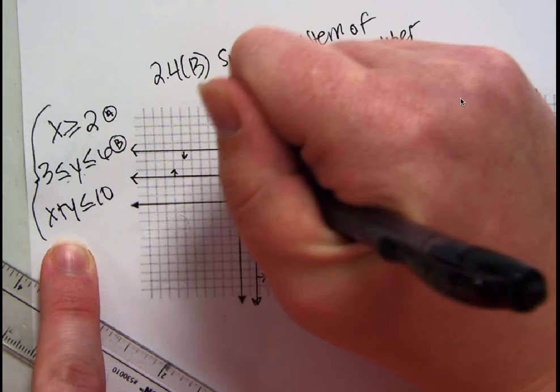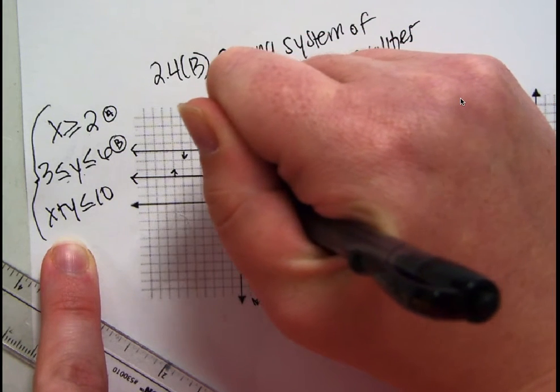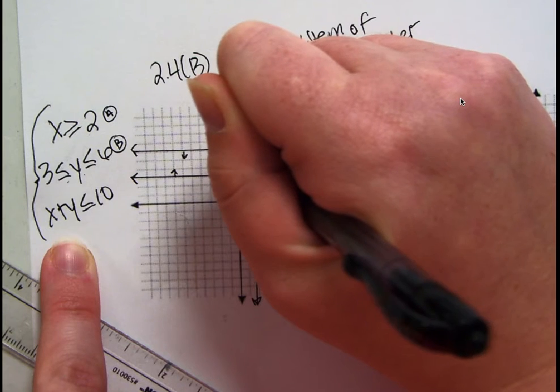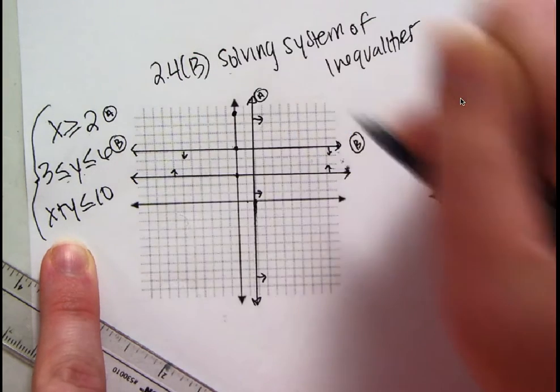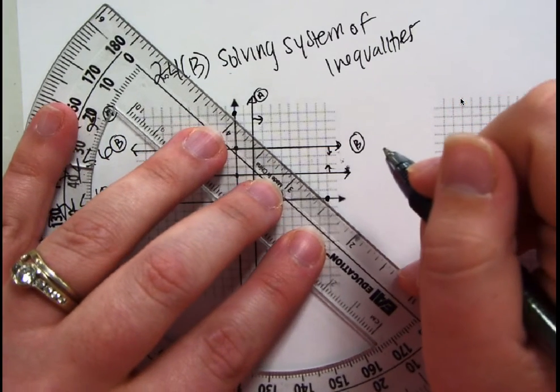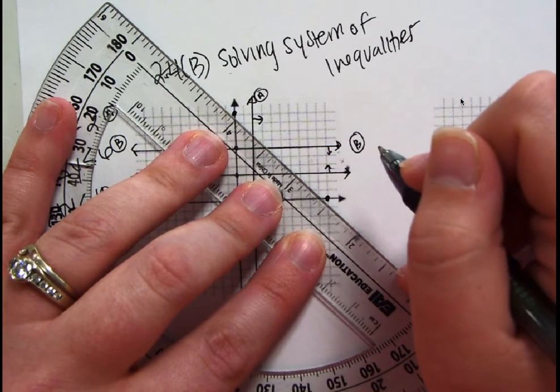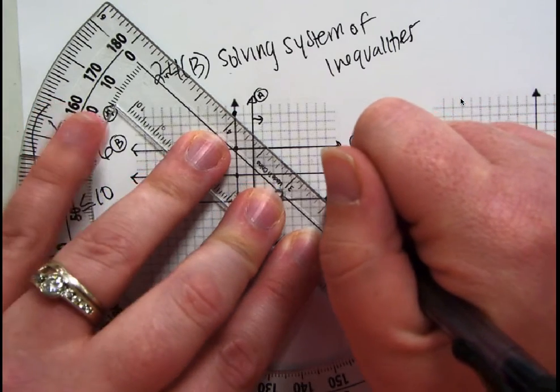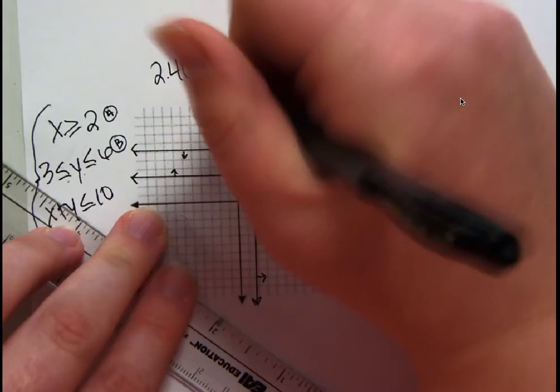So graphing the intercepts, solid line again.